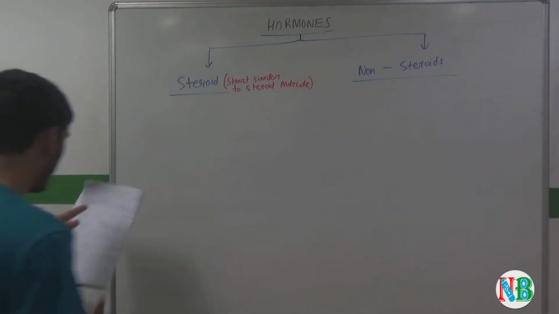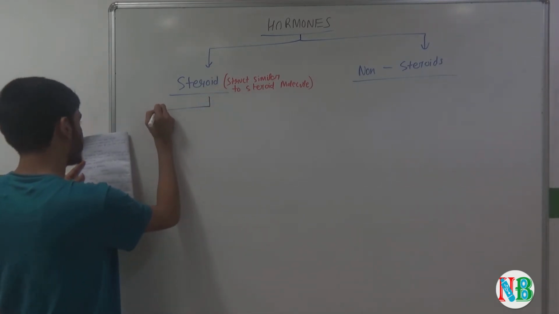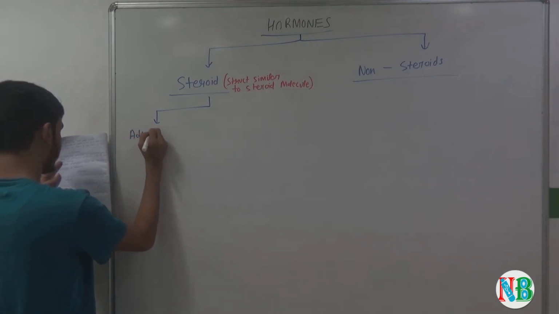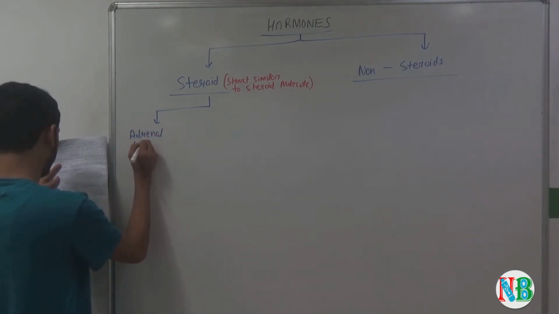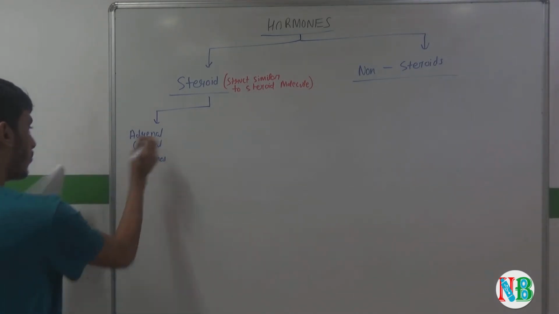Now under this we have two major types. The first one is adrenal cortical hormones. What are these?